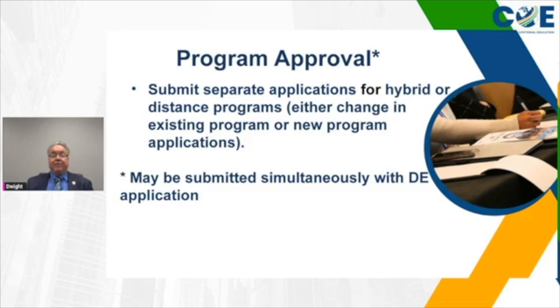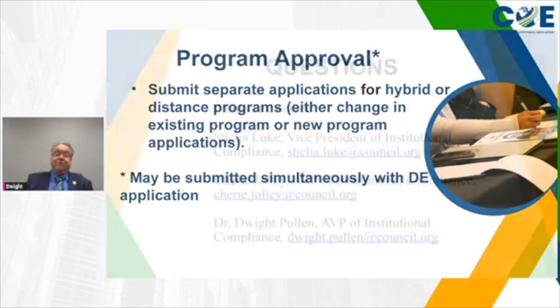So you're either going to have to submit a new program application if you're just starting distance ed with a new program, or you're going to have to present a change of existing program application if you're converting one of your existing programs to either hybrid or distance ed. And those need to be submitted simultaneously with the DE application.